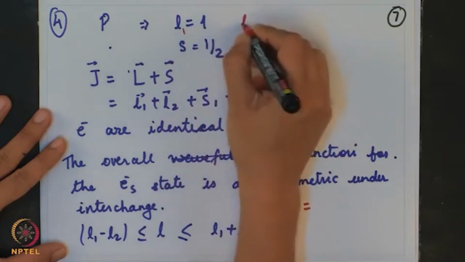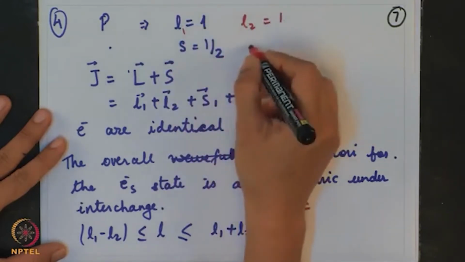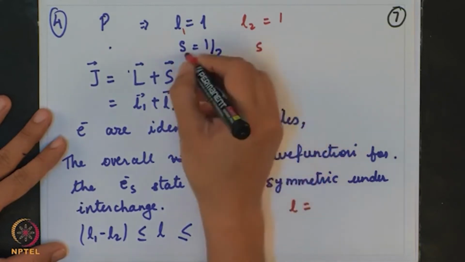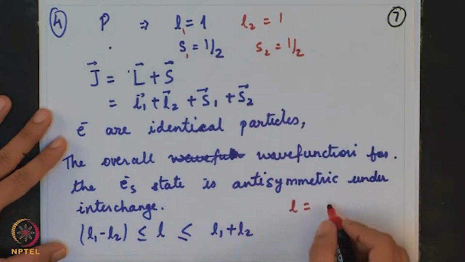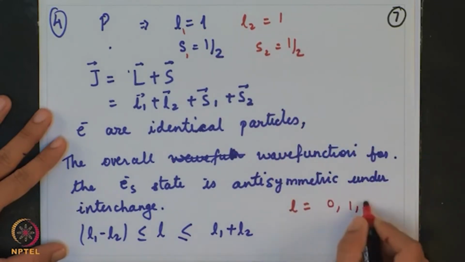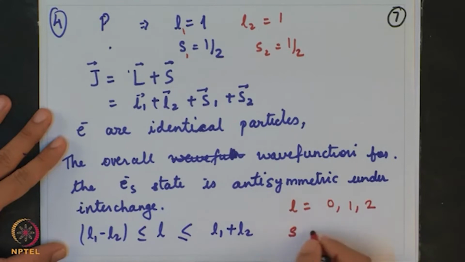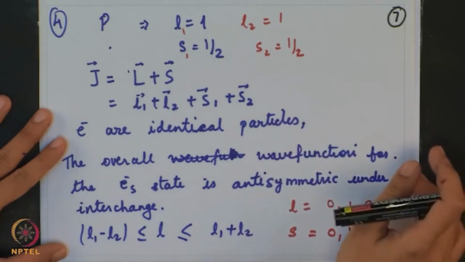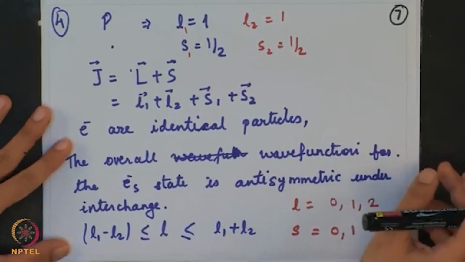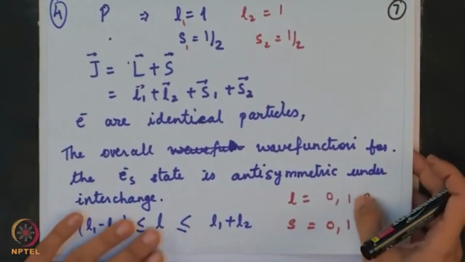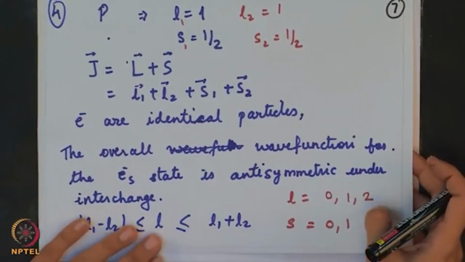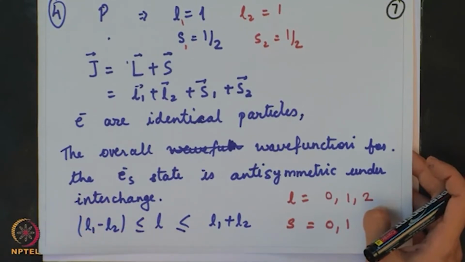So, I have L1, L2 as 1, 1, and for the 2 electron state L will be 0, 1 and 2, and S can take value 0 and 1 because you have one half as the electron spin. So, this would give us the possibilities. Now, with these possibilities you have to make only the combinations which are allowed.